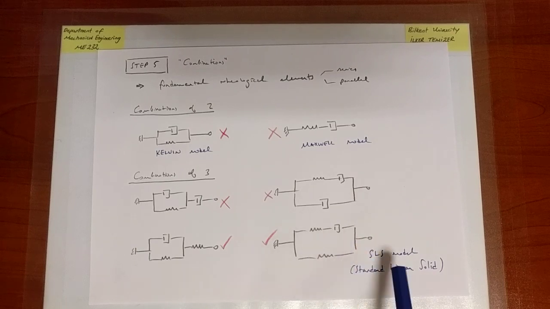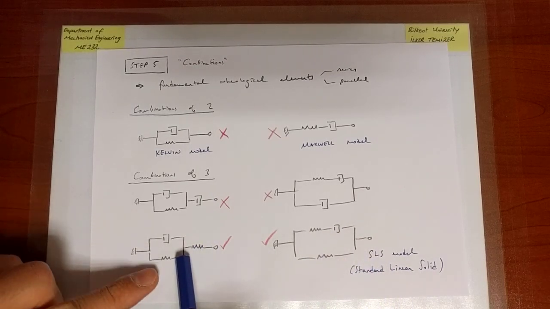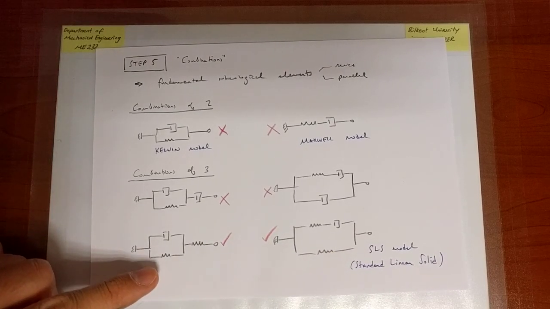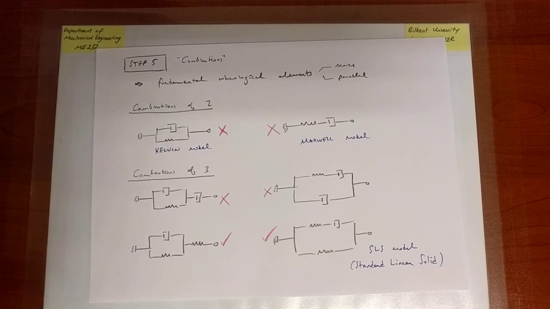And that's the way I'm going to call this model, SLS model. This is also another model, but the one that we're going to analyze is this particular setting. Okay, so we're going to go ahead and concentrate on the standard linear solid model. That's what we're going to call this. And from now on, that is what we will concentrate on. That's what we're going to build on.